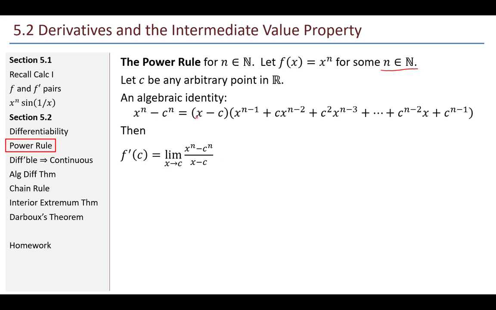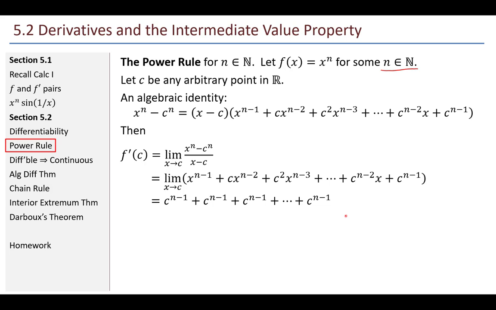And using the above algebraic identity, that becomes the limit of all that stuff. All that stuff is just a polynomial in x. It's a continuous function, so it is continuous at c, so taking the limit as x goes to c, I can just plug in c for x. And I find I get c to the n minus 1 for every term.